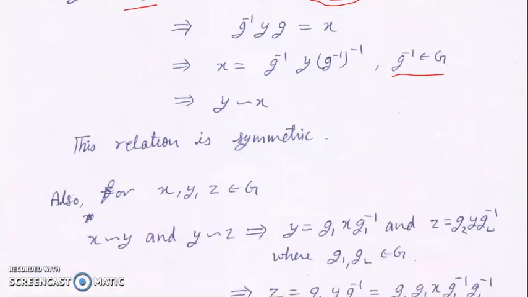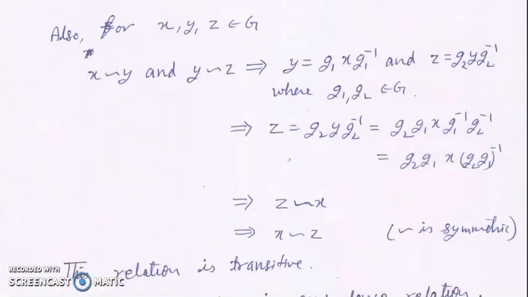Now take three elements X, Y, Z in G. Suppose X is related to Y and Y is related to Z. Then Y is conjugate of X and Z is conjugate of Y. So we can write Y as g1 x g1 inverse and Z as g2 y g2 inverse, for some g1 and g2 belonging to G. So Z can be written as g2 y g2 inverse, and in place of Y we can write g1 x g1 inverse.